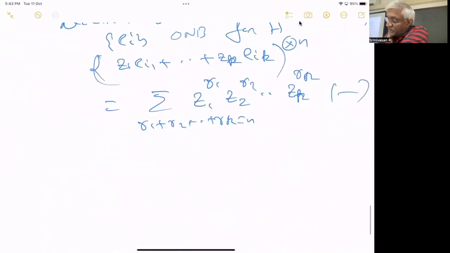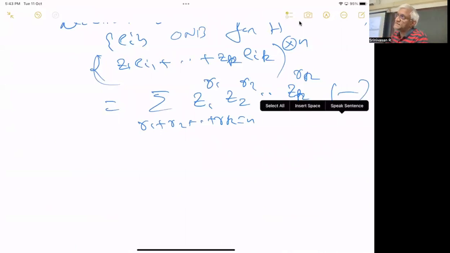Because you are going to get different z1 power r1. For a fixed one it will be arranged in some way, but you want to collect all the z1. You will get the symmetric tensor of e_{i1} up to e_{in}, that is e_{i1} power r1 and e_{ik} power rk. You get that symmetric vector here. You compute what you get, which will be a symmetric tensor whose coefficient is this.